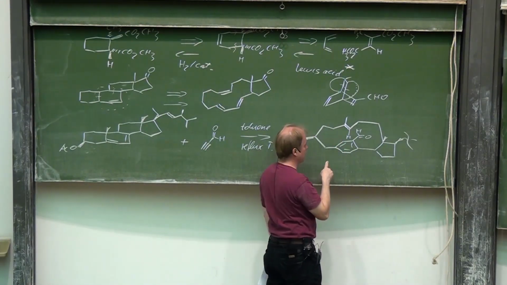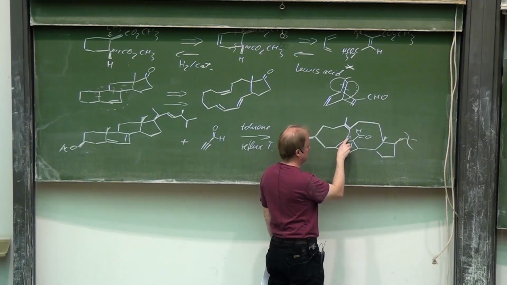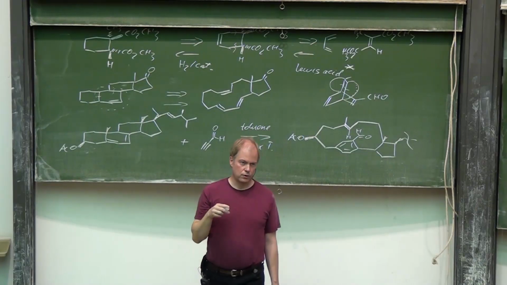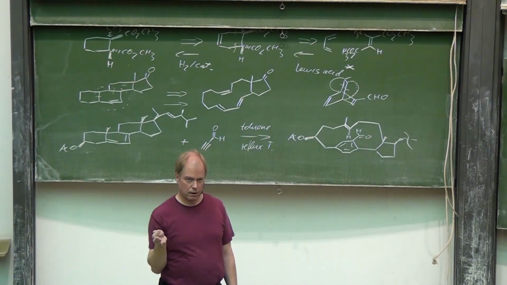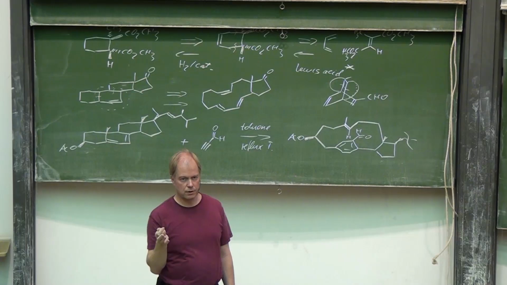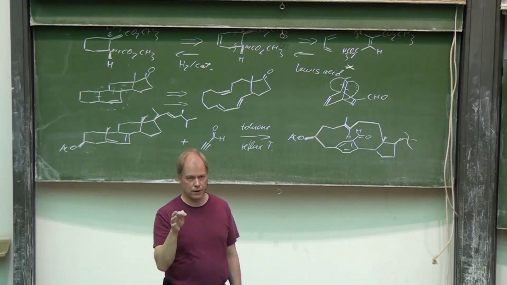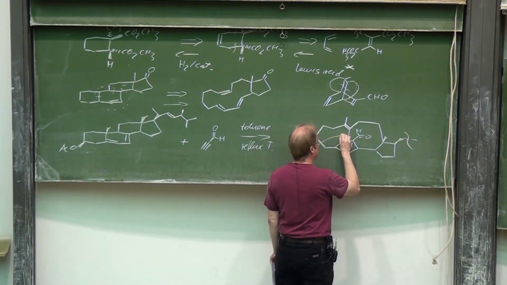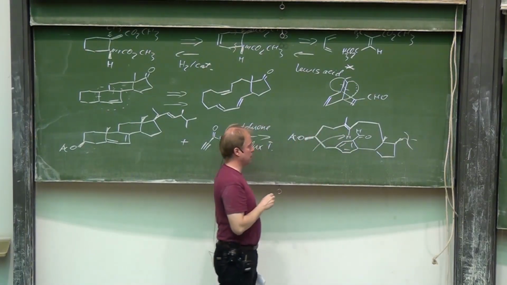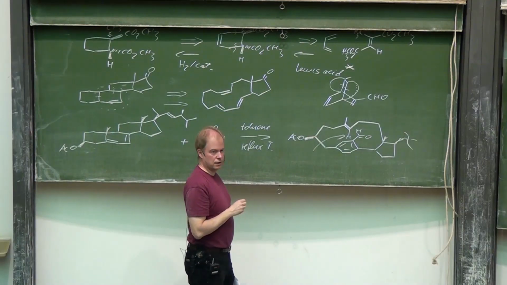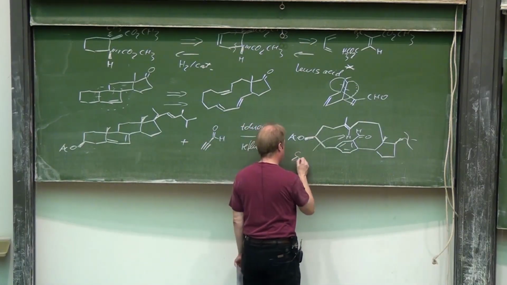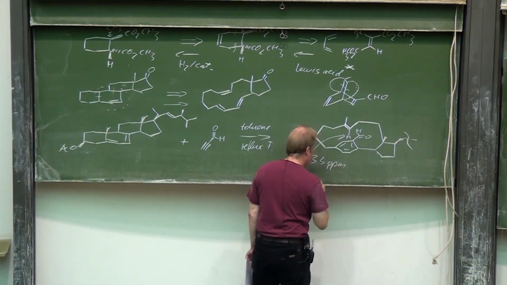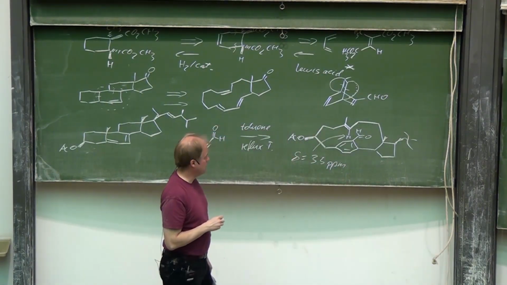But spectroscopically you will find that this vinylic hydrogen, normally giving in the proton NMR a signal around 4.5 or 5 ppm, has a significant upfield shift to about 3.5 ppm.